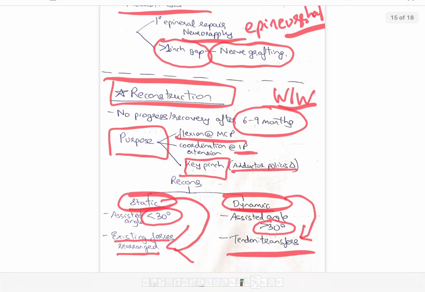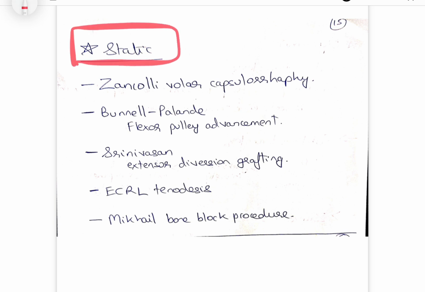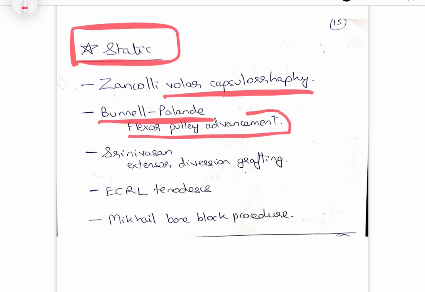Okay, so very quickly we are going to name famous named procedures. For static procedures, the commonly used and the famous procedures are Zancolli volar capsulodesis. The most famous is the flexor pulley advancement procedure, which is the Bunnell procedure.